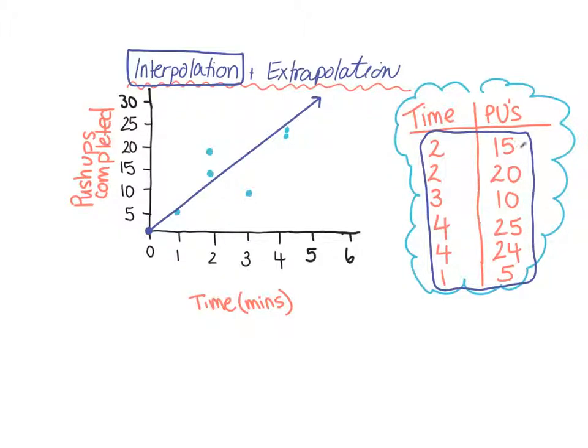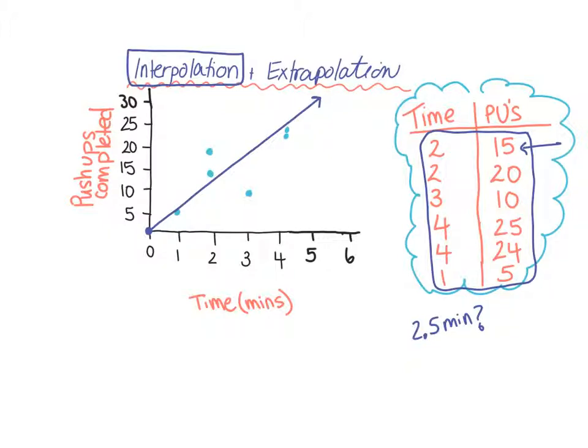It doesn't have to be exactly a point in the table, but I could ask you, how many push-ups were completed at 2.5 minutes, do you think? Like if you did push-ups for 2.5 minutes, how many would you complete? So that's interpolating, because it's within our data set, which goes from here to here.